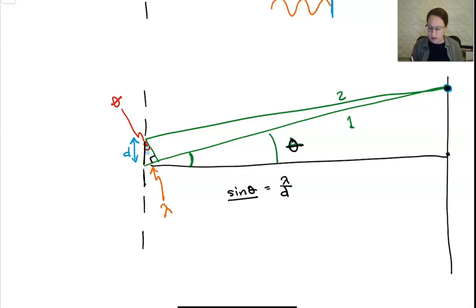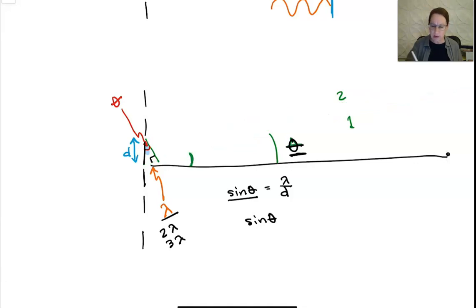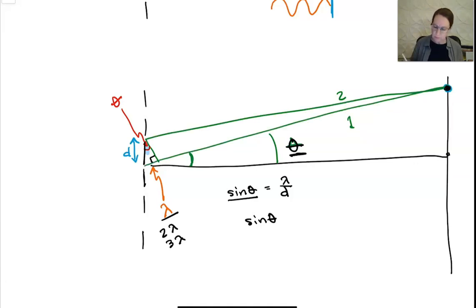And it actually doesn't have to be 1 lambda. It could be 2, right? Right now I drew it as 1 wavelength, but it could also be 2 wavelengths or 3 wavelengths. So the general condition is that sine of theta, the angle where we get a bright spot, is given by n lambda over d.